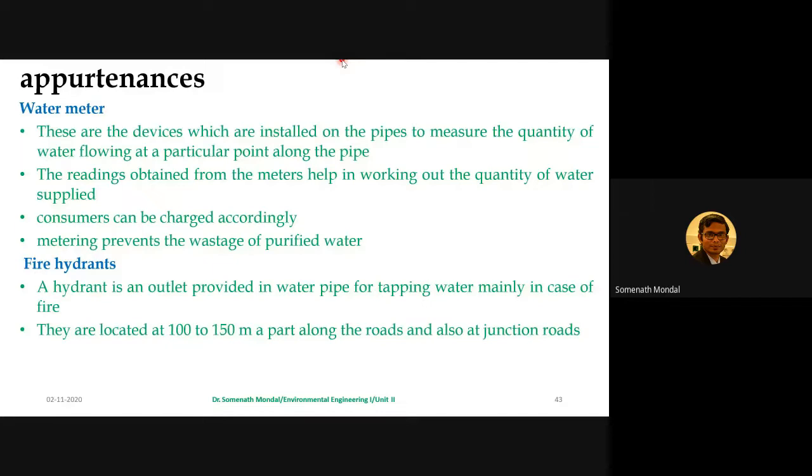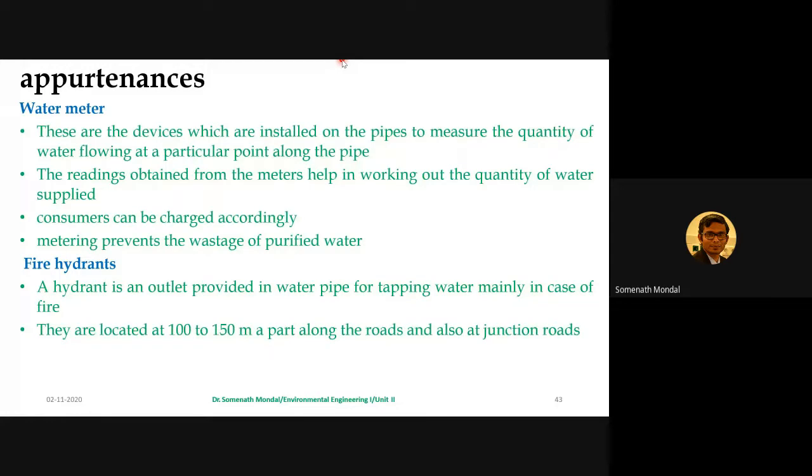Now the readings obtained from the meters help in working out the quantity of water supplied, and thus the consumers can be charged accordingly. So this water meter gives us the flexibility to charge differently at different consumption points within the same water supply network.